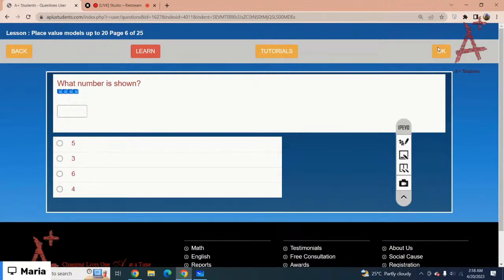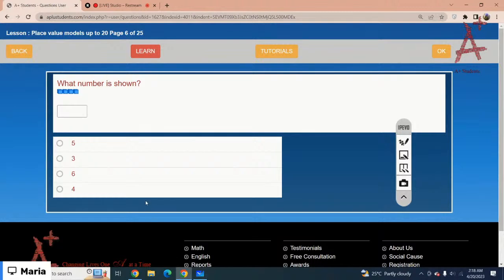Okay, what number is shown? You have 4 squares. Got it? In the horizontal. So it would be 4.